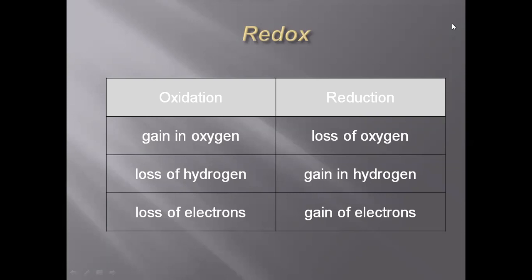Third criterion: if we don't have hydrogen and oxygen in the compound and can't discriminate on their basis, the third point is losing and gaining of electrons. If your element is losing its electron, oxidation takes place. And if the element is gaining or accepting electrons, reduction takes place.